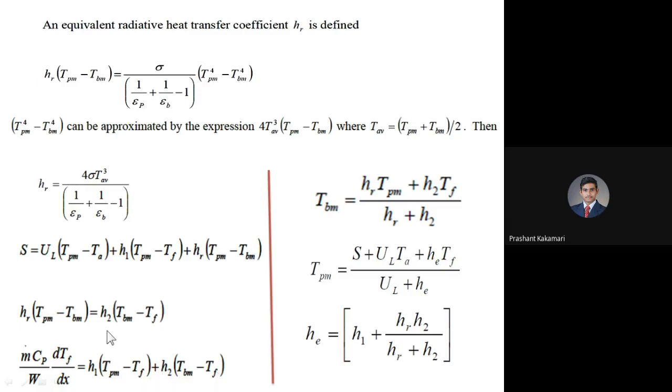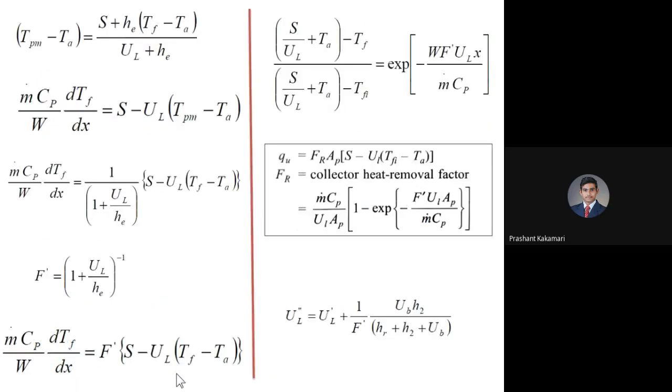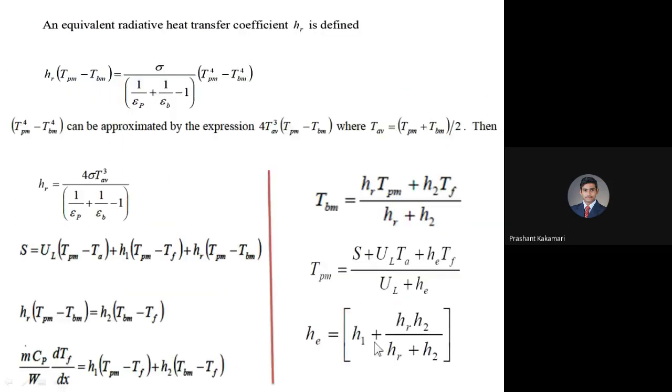So in these equations, if you substitute the short forms of the different temperatures and heat transfer coefficients, one can finally write it as mCp divided by W into dTF by dx equal to S minus UL into TPM minus TA. Wherever HE and TF minus TA appear in the above equation, if you substitute that HE value here, and taking the heat balance equation of the air, again we have TPM minus TF.